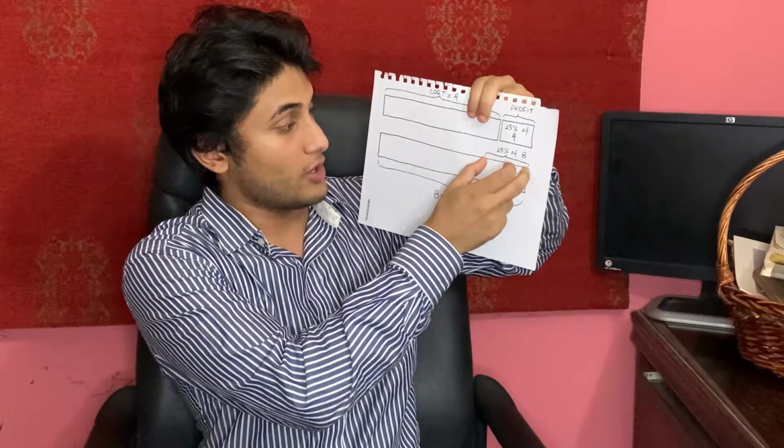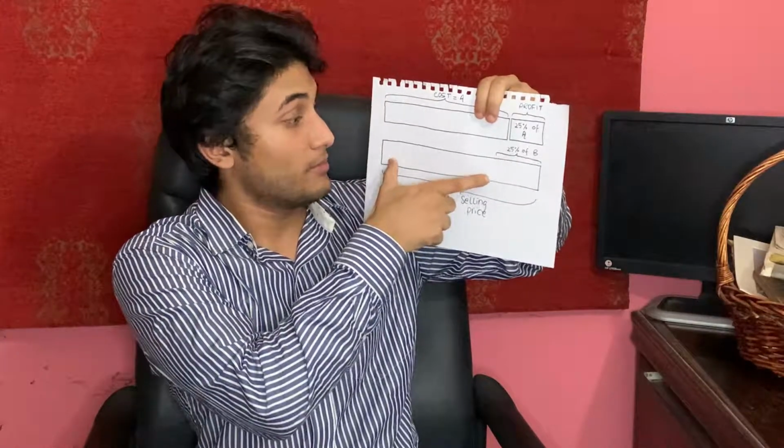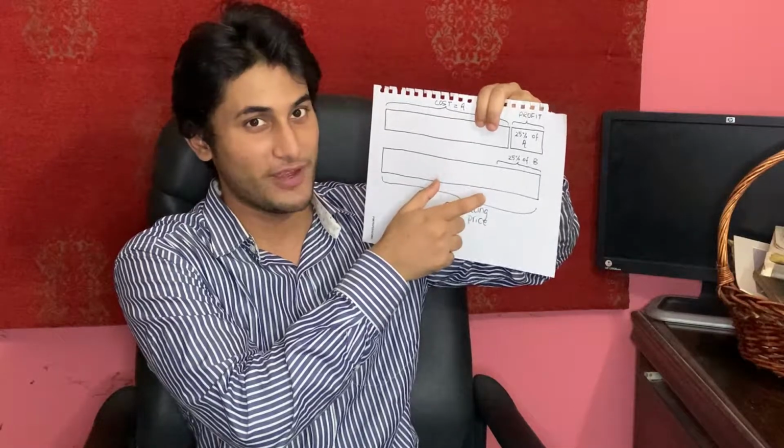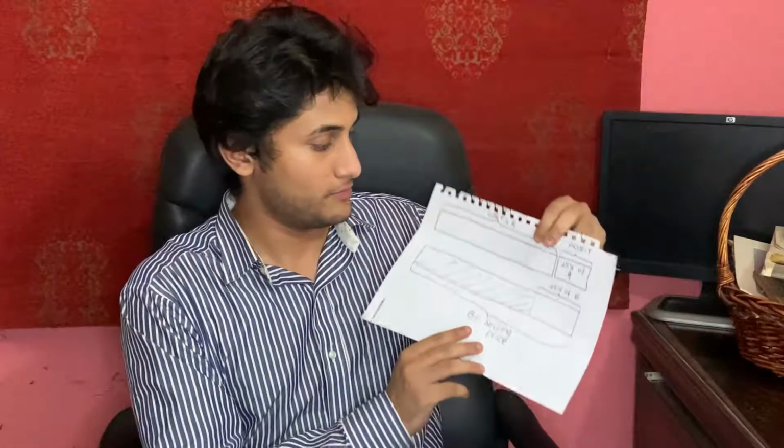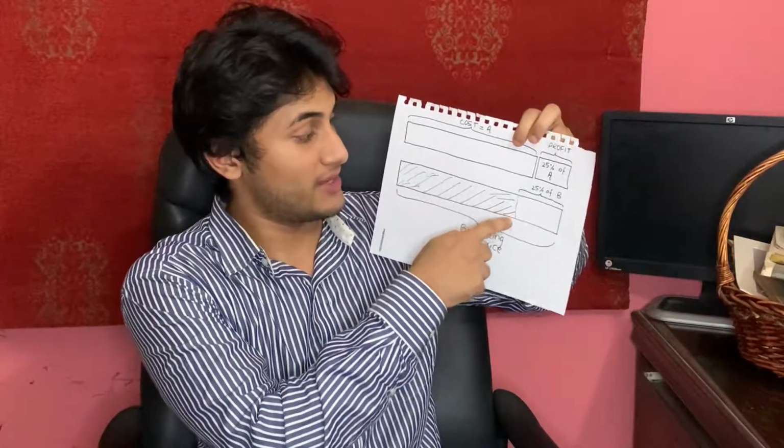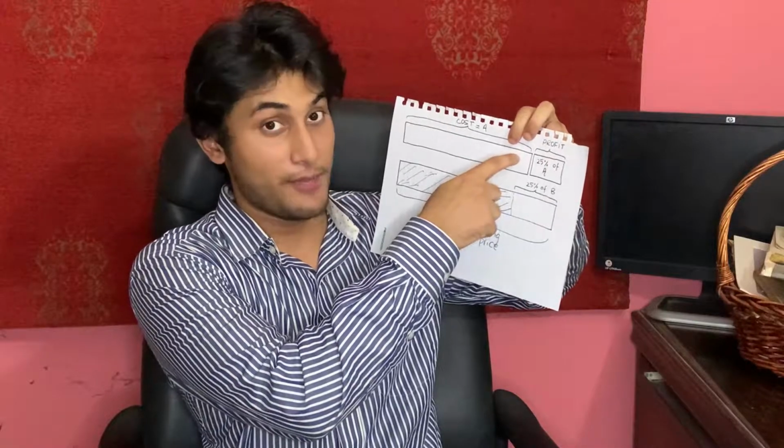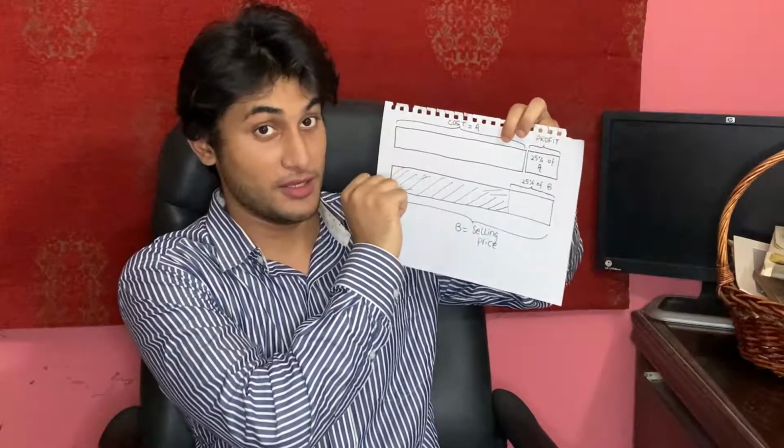If we deduct this much, I'll shade the bar that's left after deducting 25% of B. So we're left with this much. And if we extend this to the A bar up here, I'll shade and show you.